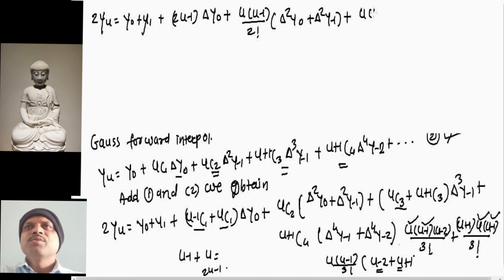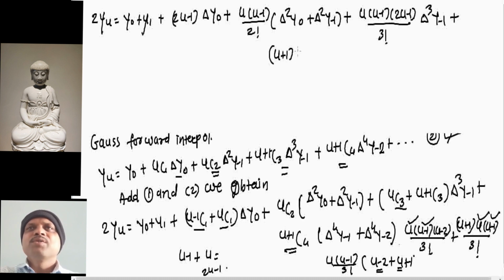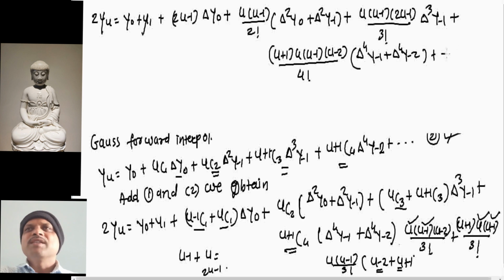Hence u into (u minus 1) into (2u minus 1) divided by 3 factorial into delta cube y at minus 1, plus (u plus 1) C4, so this is (u plus 1) into u into (u minus 1) into (u minus 2) divided by 4 factorial into (delta raised to 4 y at minus 1 plus delta raised to 4 y at minus 2), and so on.